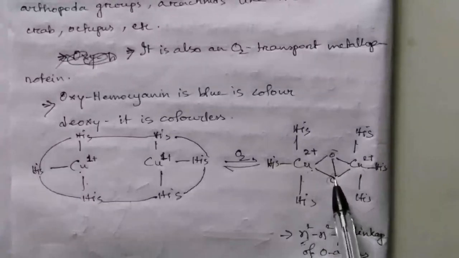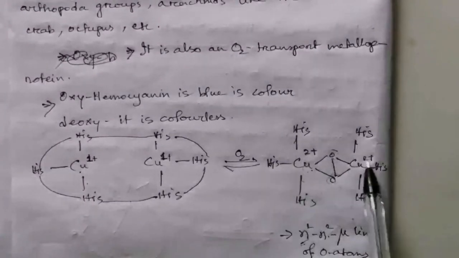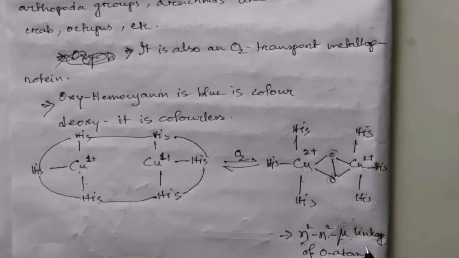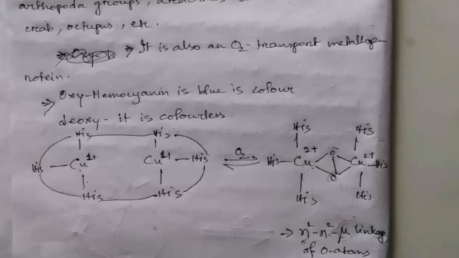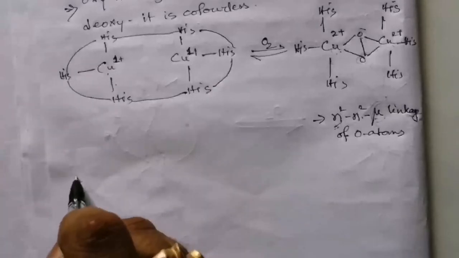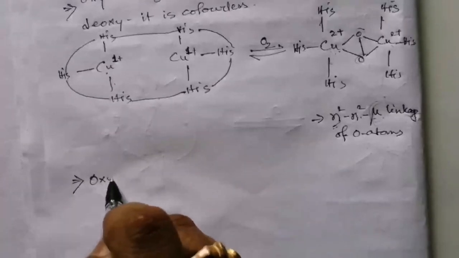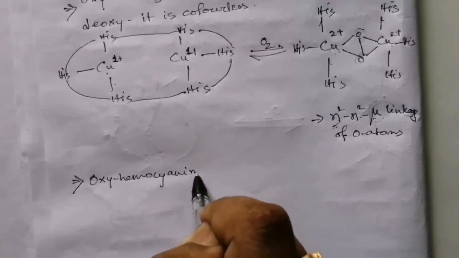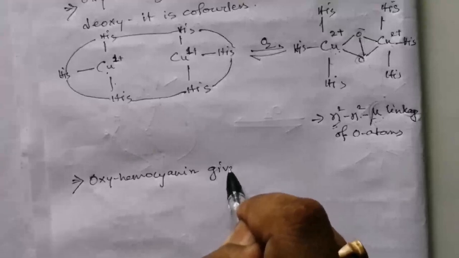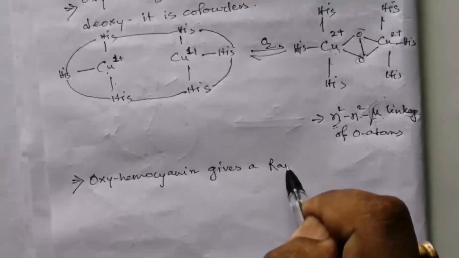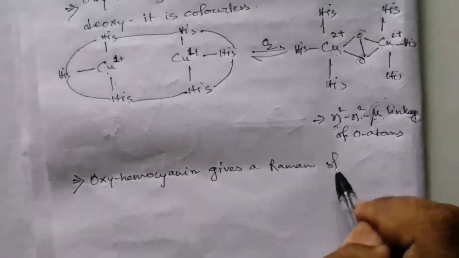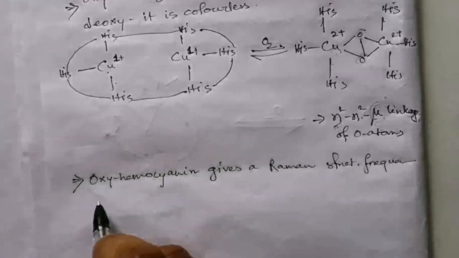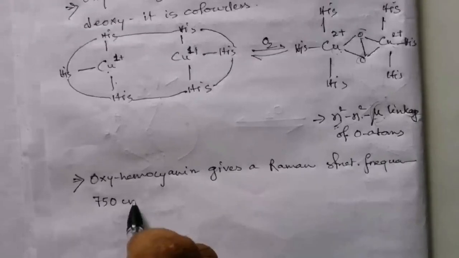Similarly, this other oxygen is also coordinated to 2 copper atoms, and there is a mu linkage, that means it is forming a bridge between the 2 copper ions. This oxyhemocyanin gives a Raman stretching frequency around 750 cm^-1.